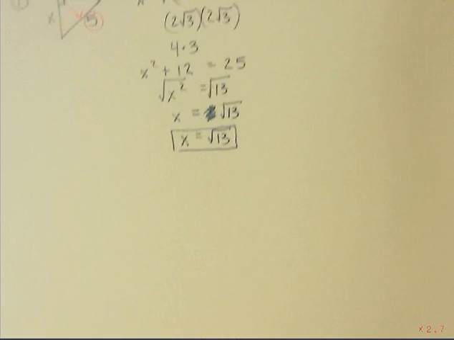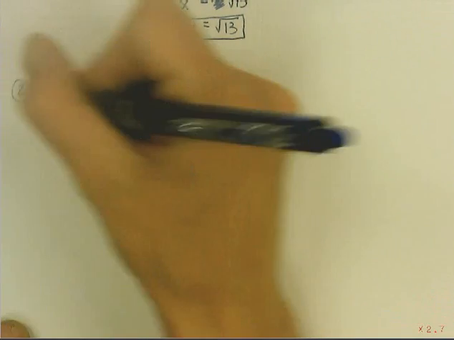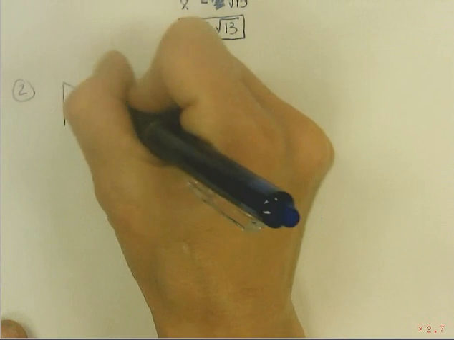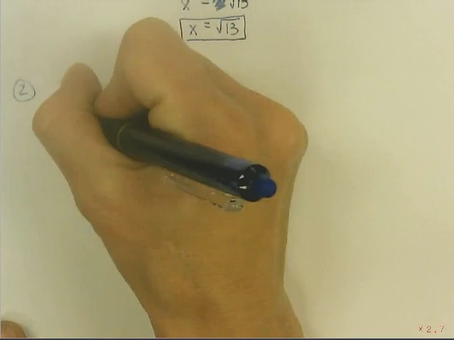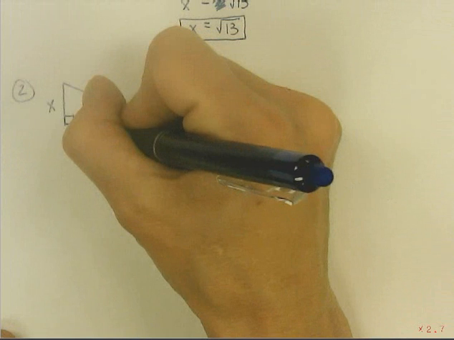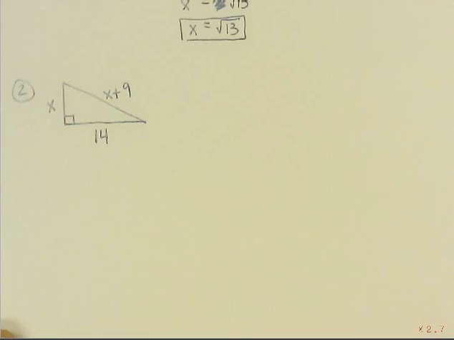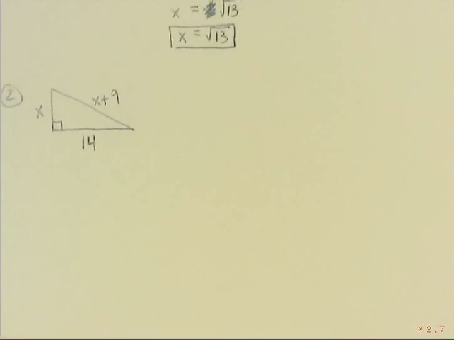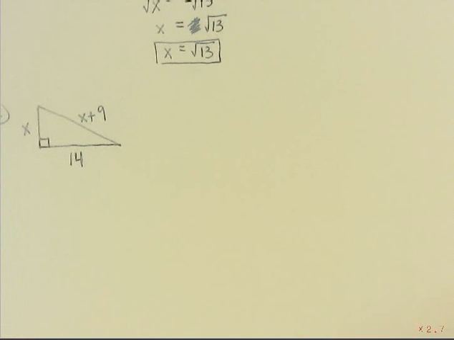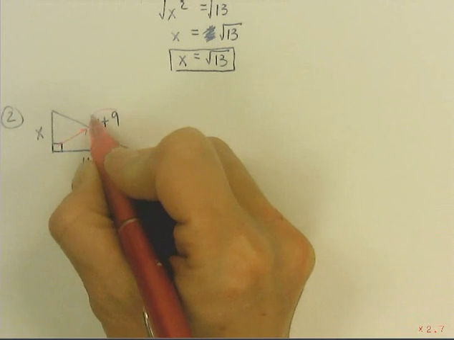Okay, so your second example will be something you did see in integrated 1, but we'll refresh your memory before going on to a hard one. This length is x. This one's 14 and x plus 9 up there. All right. So remember, very important to look opposite the right angle, locate where your hypotenuse is.